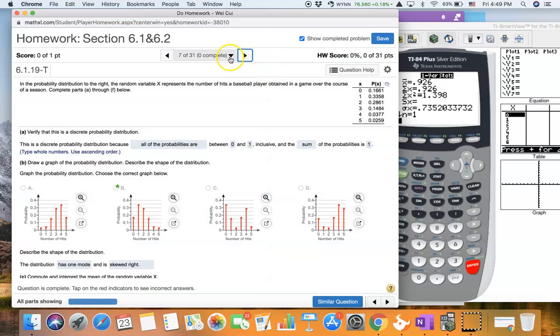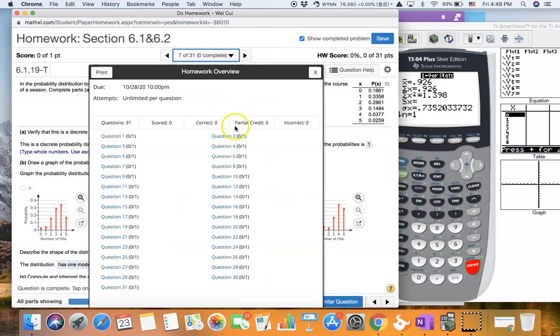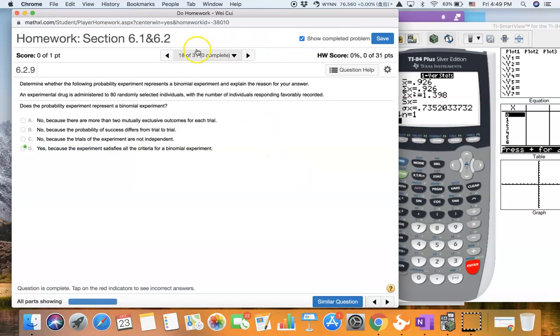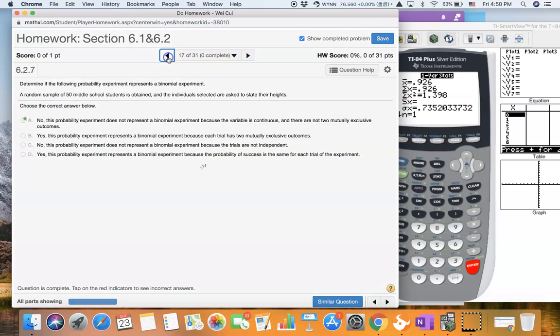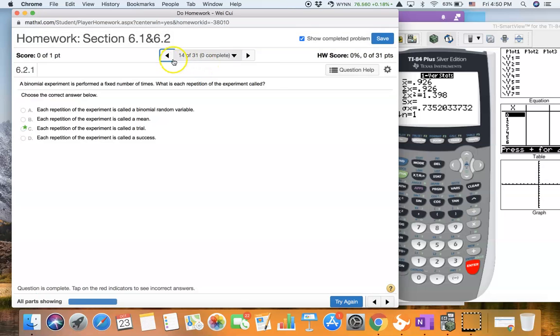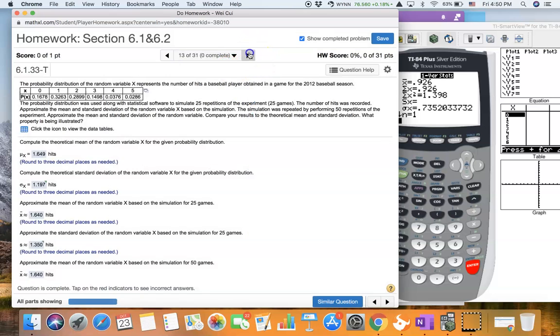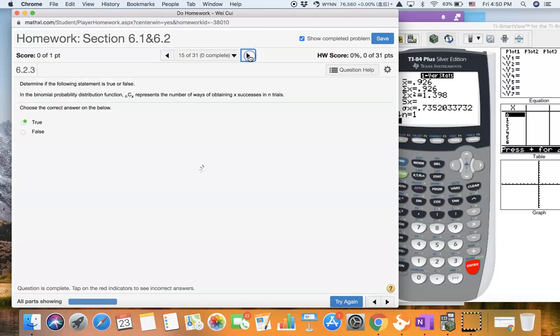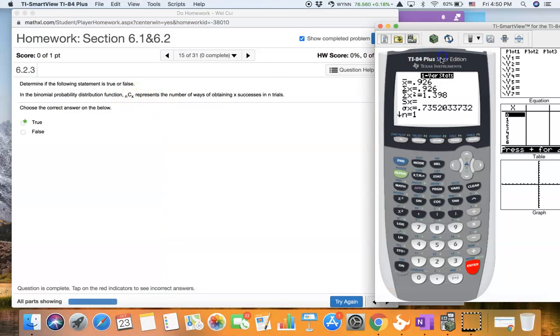Okay, so next, I would like to show you how to use the calculator to compute the probability for the binomial distribution. Oh, by the way, this combination, you can also compute using the calculator.